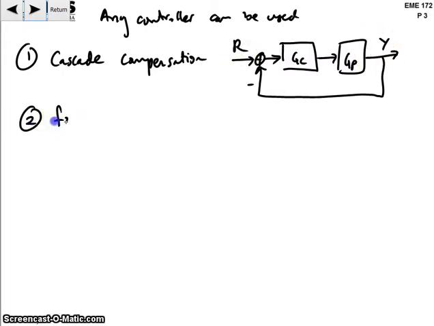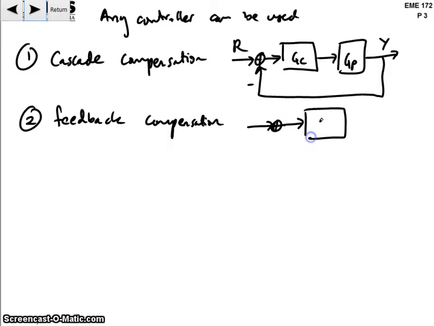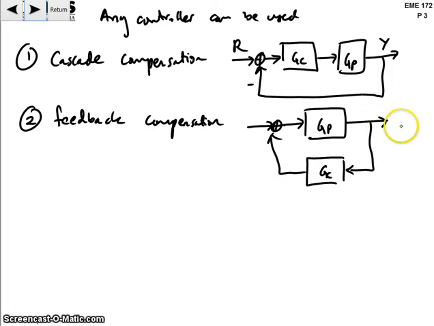or what's called feedback compensation. So in feedback compensation, we have the reference coming in here. Here's the plant. And the feedback controller is in the feedback path. Okay, so you may see both of these kinds of configurations.